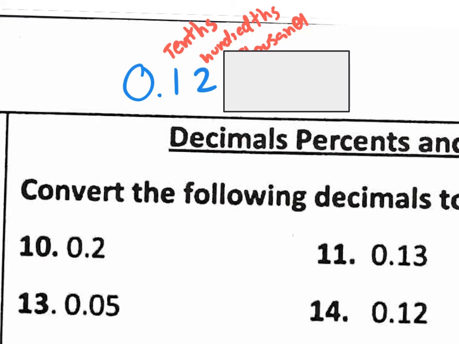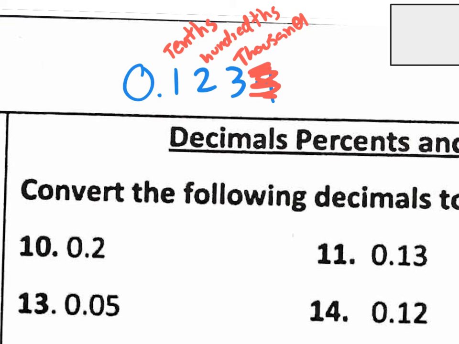If I told you convert that whole thing, the 0.123, this is going to be the fraction 123 over 1,000. That's how you convert decimals to fractions. So please work on this for homework, and we'll review it tomorrow.